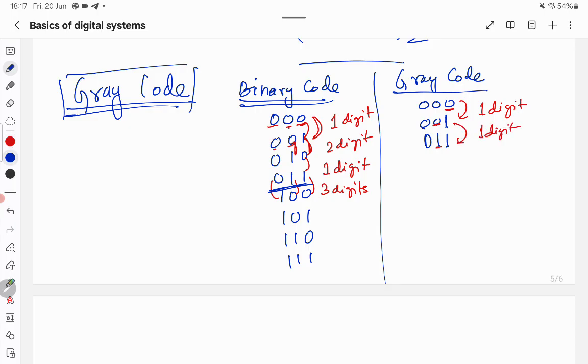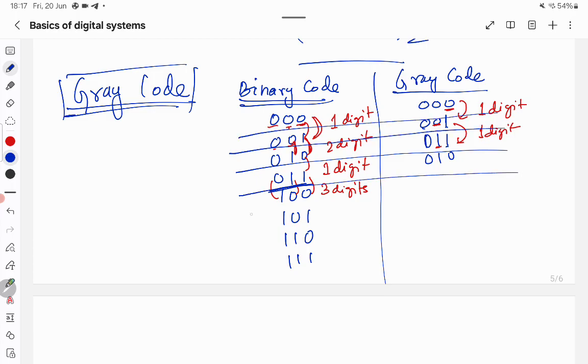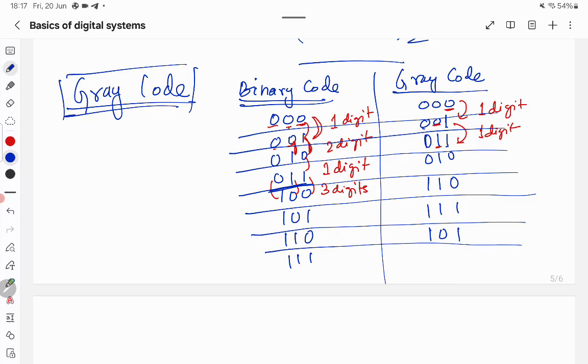Next one you will write 0 1 0. Next one will be, wait, if you look the next one will be 1 1 0, then 1 1 1, then 1 0 1, then 1 0 0.